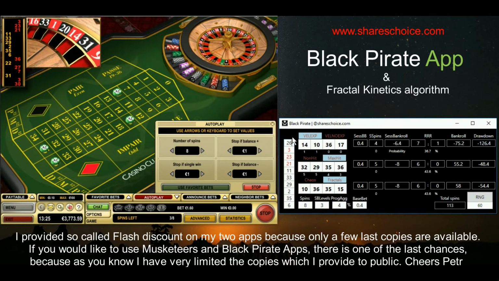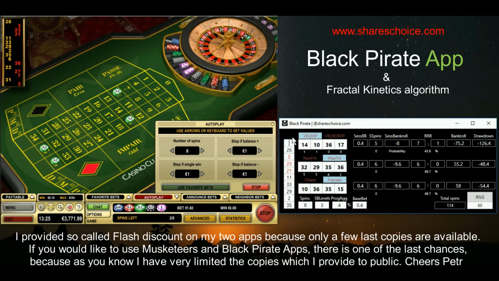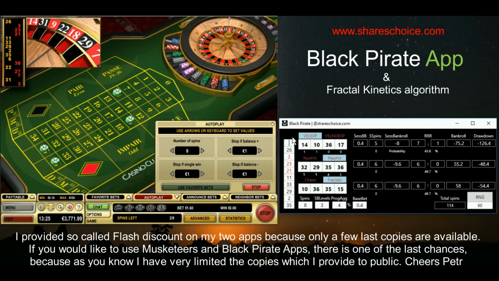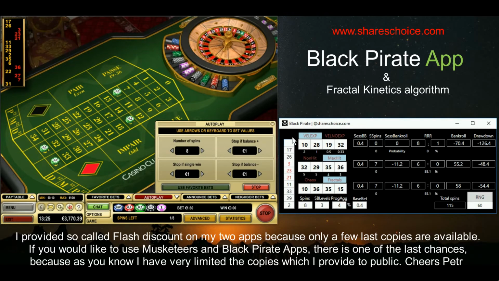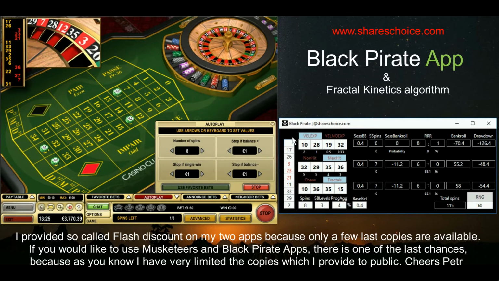I received some questions about whether I already hit my stop loss during my challenge. Yes, one time I had to take my stop loss, it was some weeks ago, it was 500. It was simply a very difficult table and session, but I was always following my rules and using my apps, mostly Black Pirate and one of the algorithms at that time, velocity numbers.